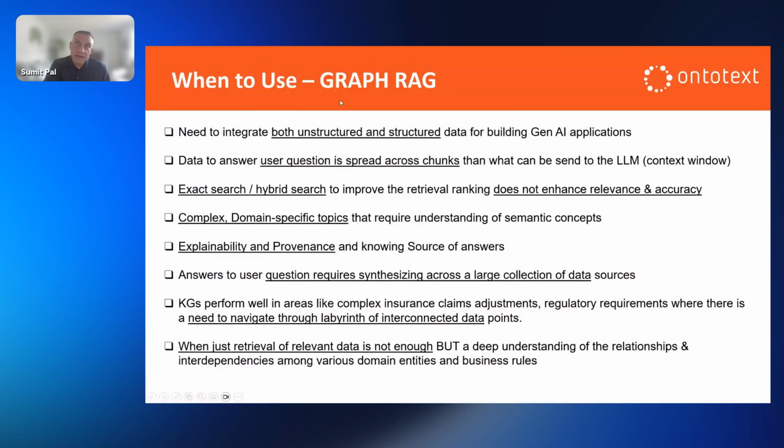So when do you use graph RAG? When you have both unstructured and structured data, when your question is spread across the different chunks, when plain RAG fails to give you the right results, when you need explainability and provenance, when you need a much deeper understanding of your data rather than just the understanding of the words and their embeddings around it.